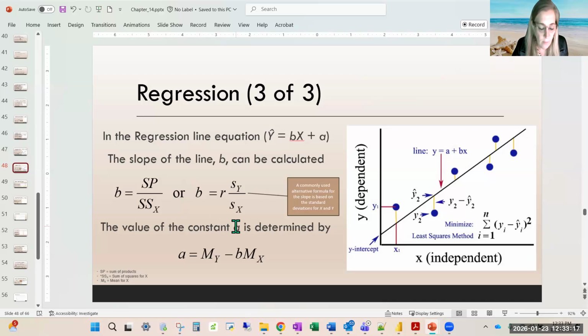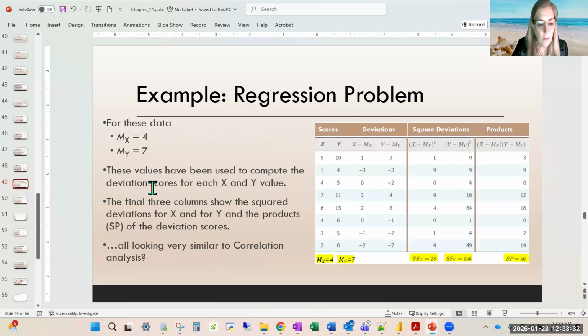The value of the constant a is determined by a equals MY minus b MX. And we'll look at this equation in a moment and how to calculate all that. All right. One great thing about regression is it kind of builds upon correlation.